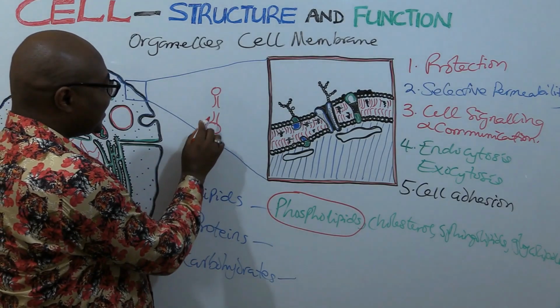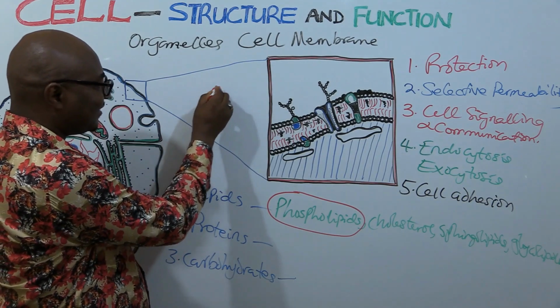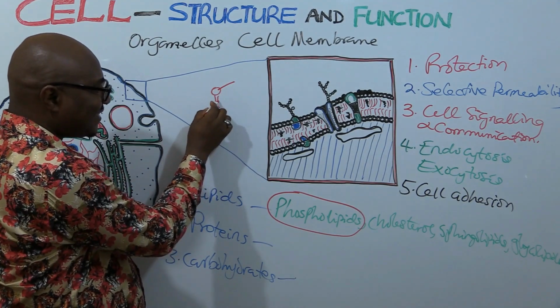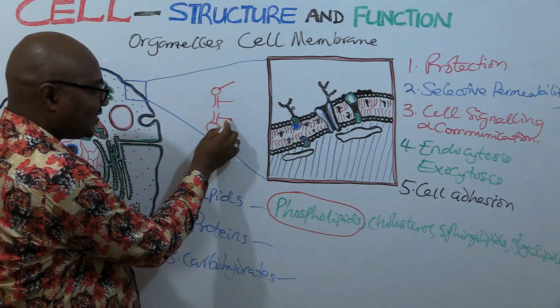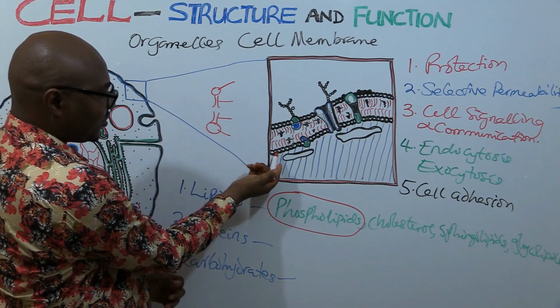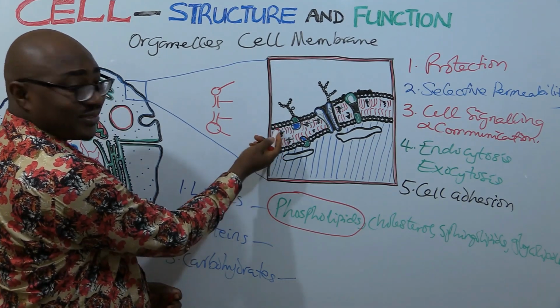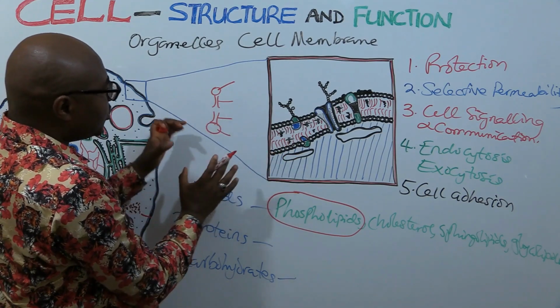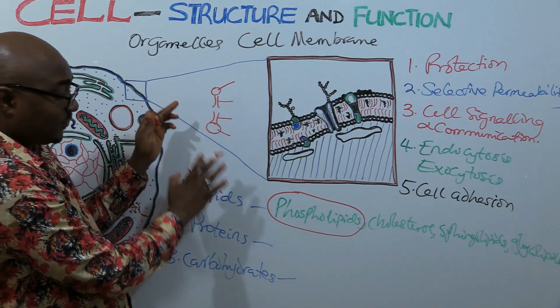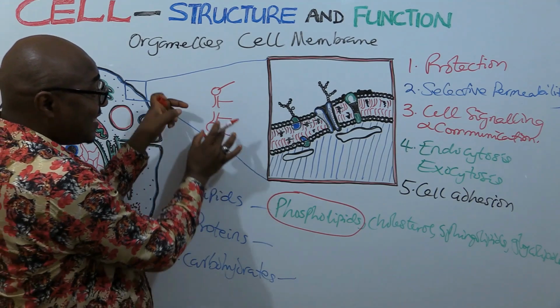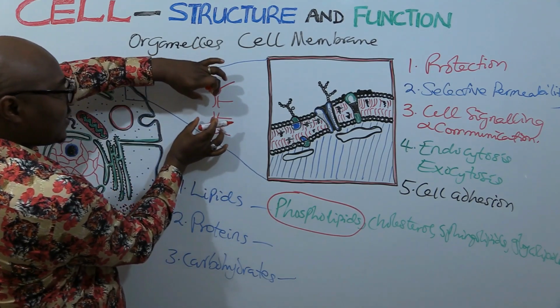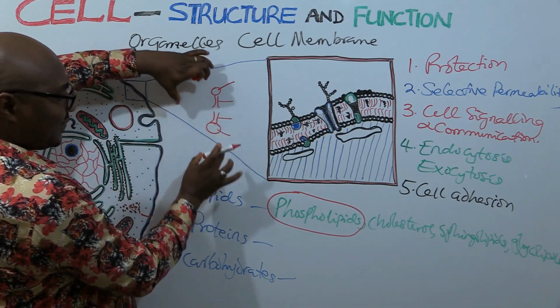It has a head and it has a tail. That's what it's represented here. So the tails of the phospholipids face each other, while the heads face outside.